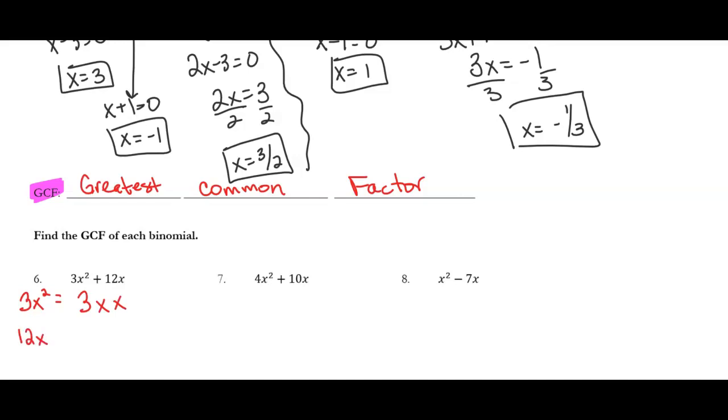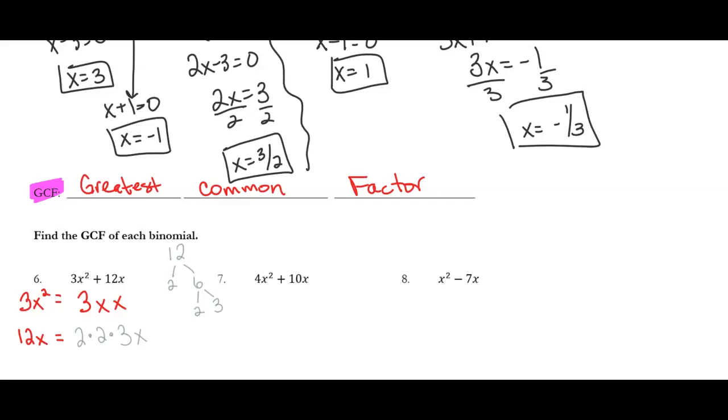For 12x, I need to find the factors of 12. So to find factors, I can use a factor tree. 2 goes into 12 6 times, and then 2 goes into 6 3 times. And so my factors are 2 times 2 times 3, and then this one only has 1 x.